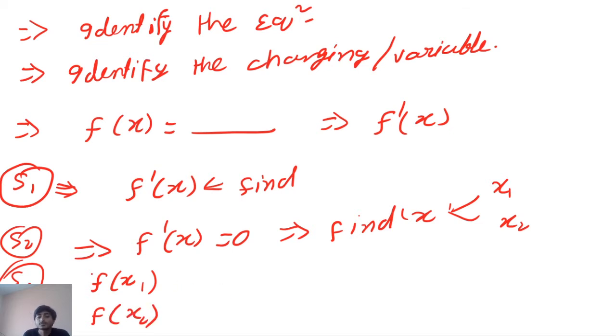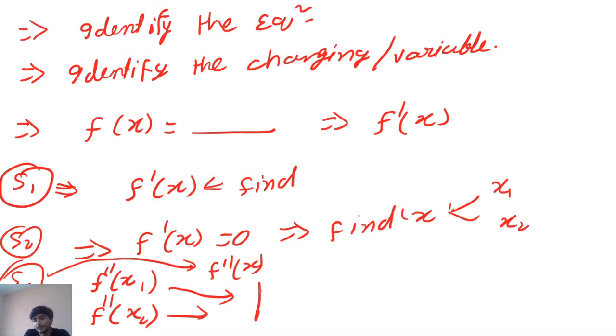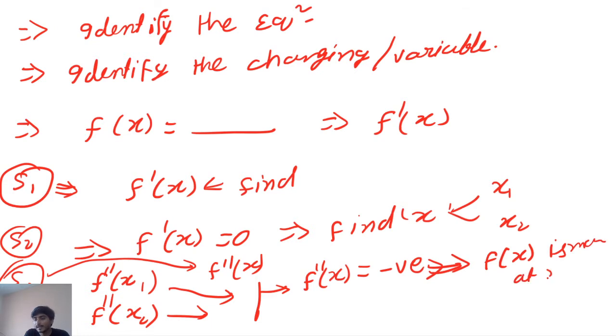Before that, we will find f double dash of x. So in step 3, find f double dash of x, and then substitute x1 and x2 in it. Once you substitute this, there could be two cases. If f double dash of x is negative, then f of x is maximum at x equal to x1.